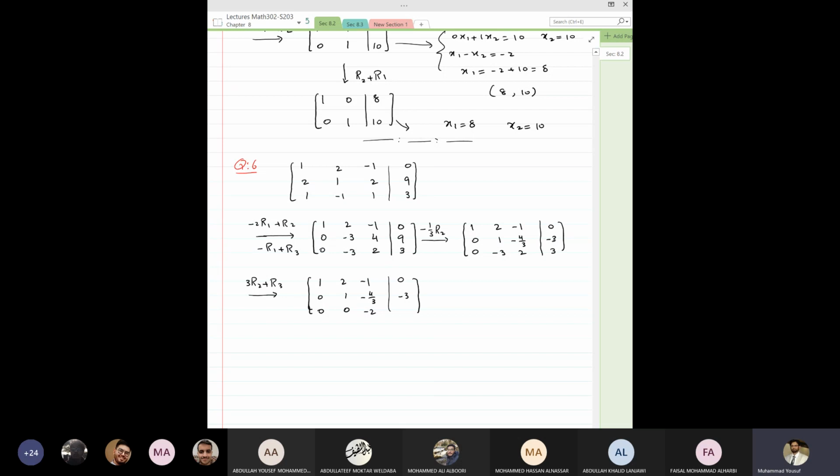And I multiply this by 3. 3 multiply negative 3 is a negative 9. Negative 9 plus 3 is a negative 6. Now we can make leading coefficient of row 3 equal to 1, negative 1 over 2 R3.